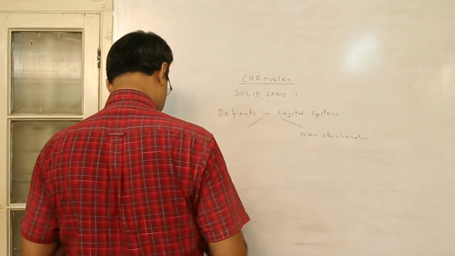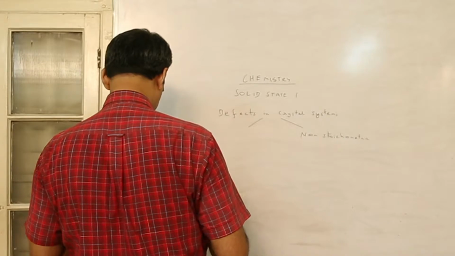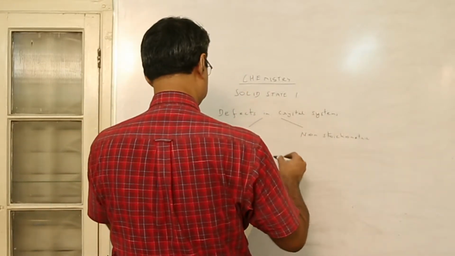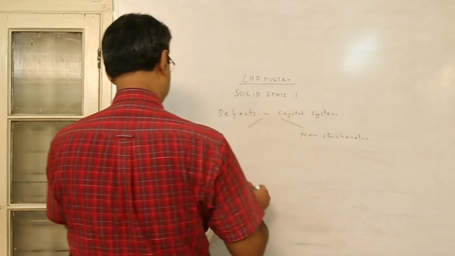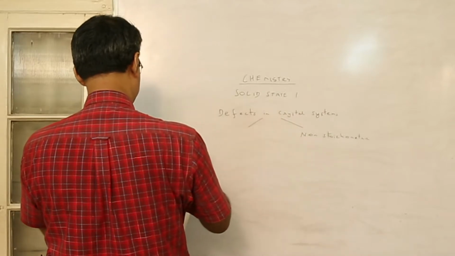Now we come to non-stoichiometric defects. Now non-stoichiometric defects are again of a few types.